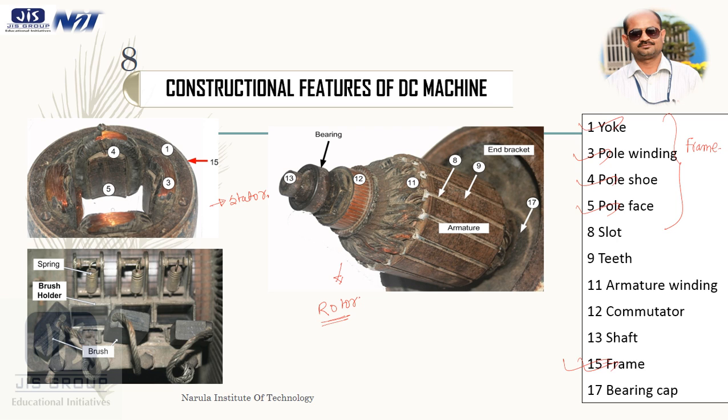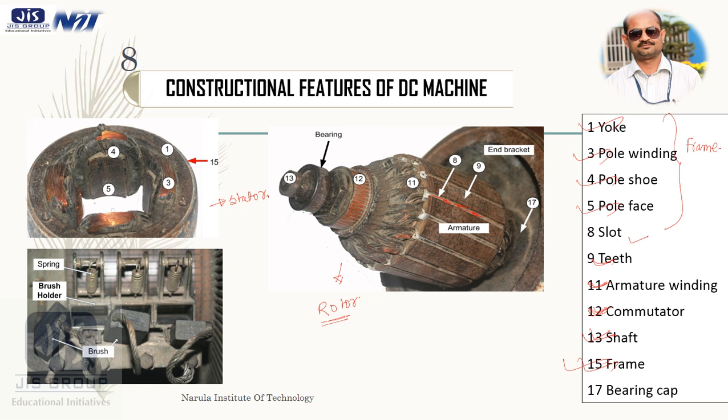and the rotor consists of the armature slots. So these places are the slots, these places, teeth, windings, commutator, and this is the rotating part of the machine, the shaft.